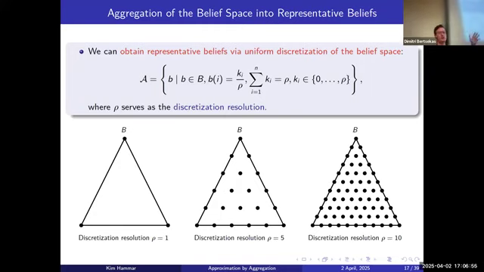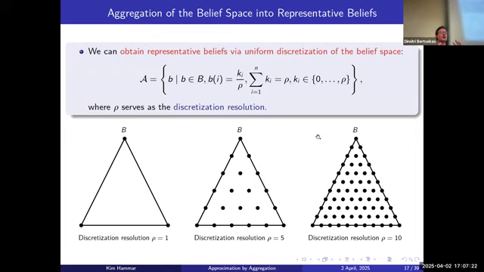Here is a formula for uniform discretization, but it is not important to remember. You can just note that there is a parameter rho, which controls the resolution of the discretization, so it controls how many representative beliefs you will have in your set.